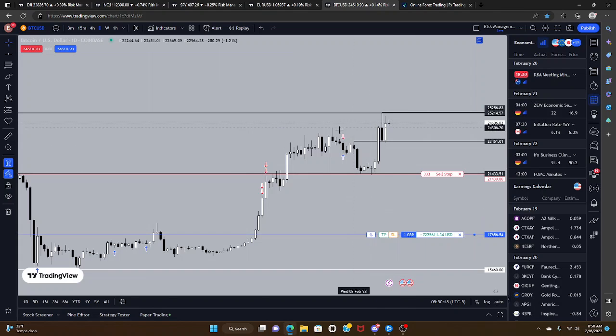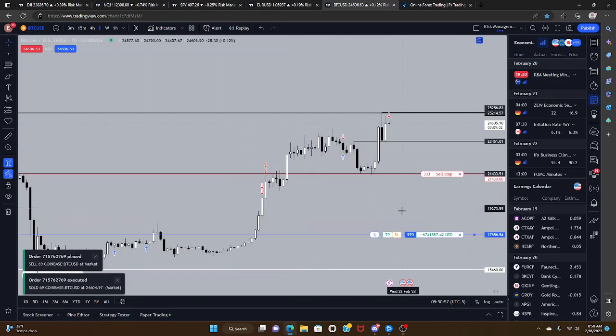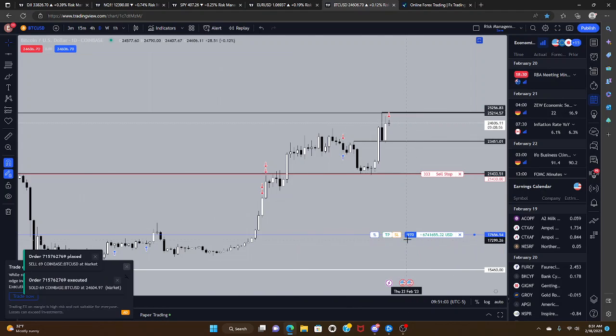Actually, I'll just open a hedge against it. So I'll do 69 just for the memes. And so now I took it directly off this position here. So I was able to take 69 Bitcoin off of that position.